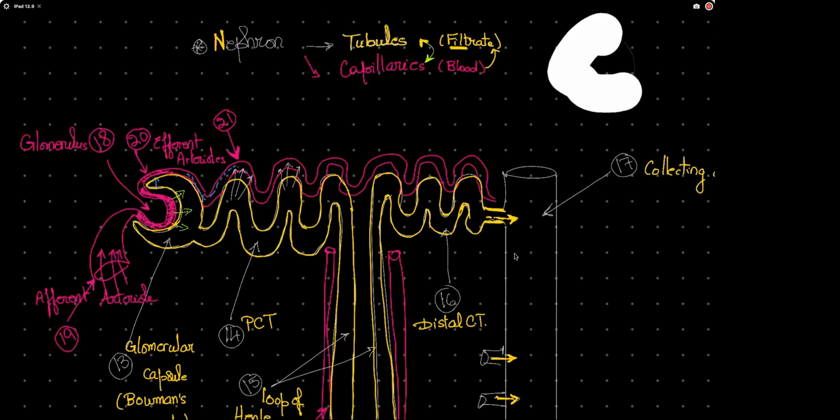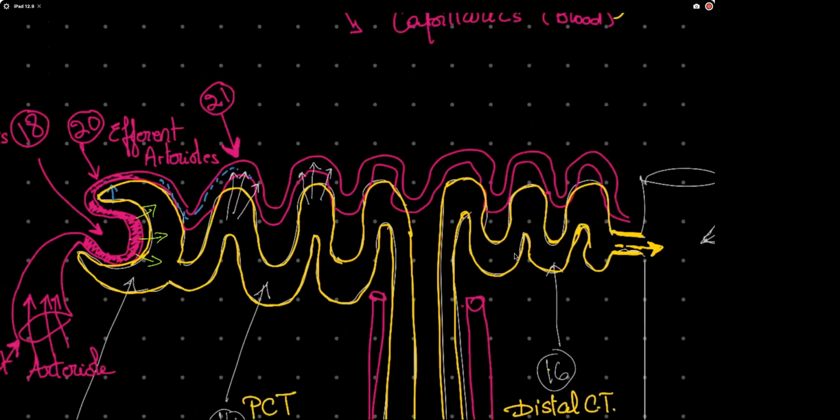Peri means around. So what we call the capillaries around the tubules, those are my peri, around the tubules. We're going to call it tubular. And they are capillaries. So those are my peritubular capillaries.